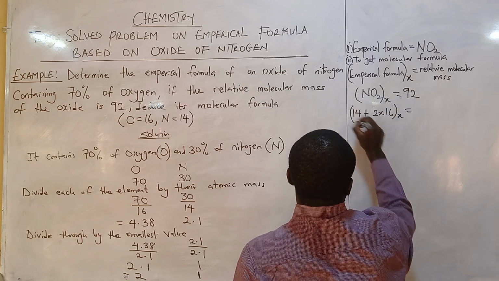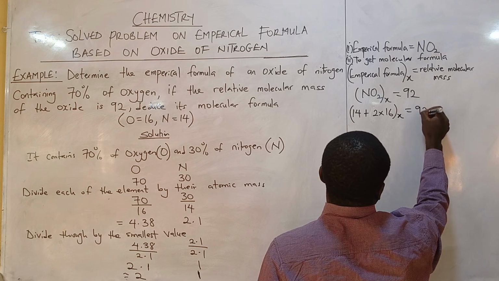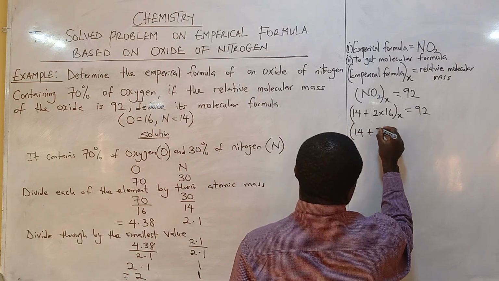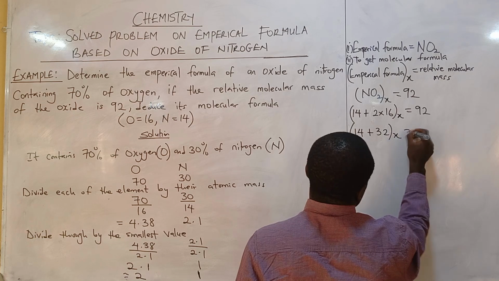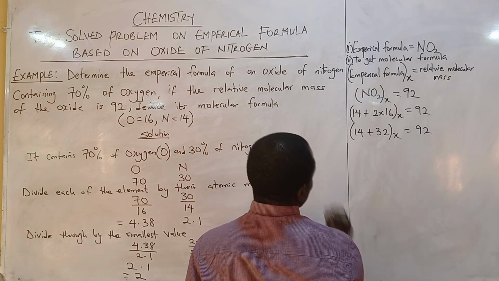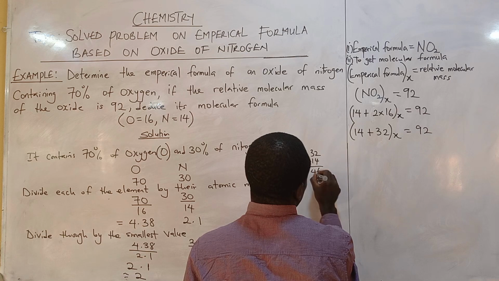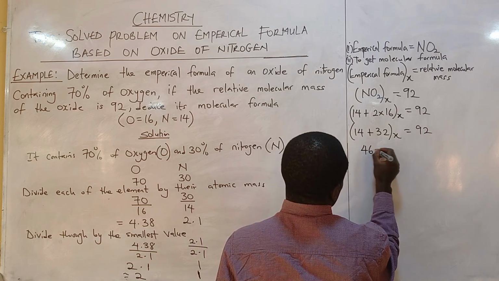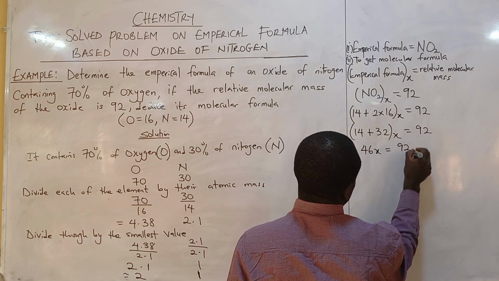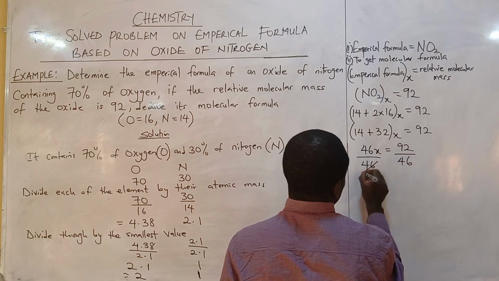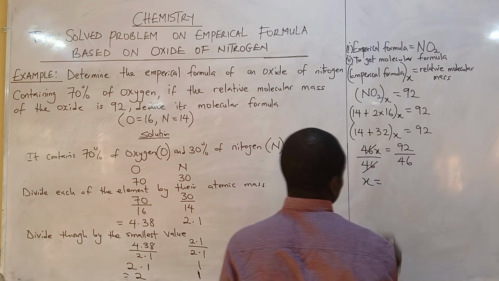Our bracket equals to 92. 14 plus 32, x equals to 92. That's 32 plus 14, 46. 46x equals to 92. Divide through by 46. 46 cancels 46.